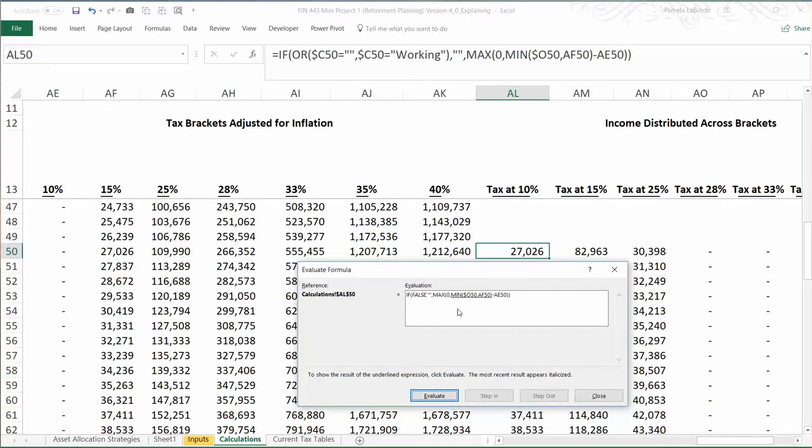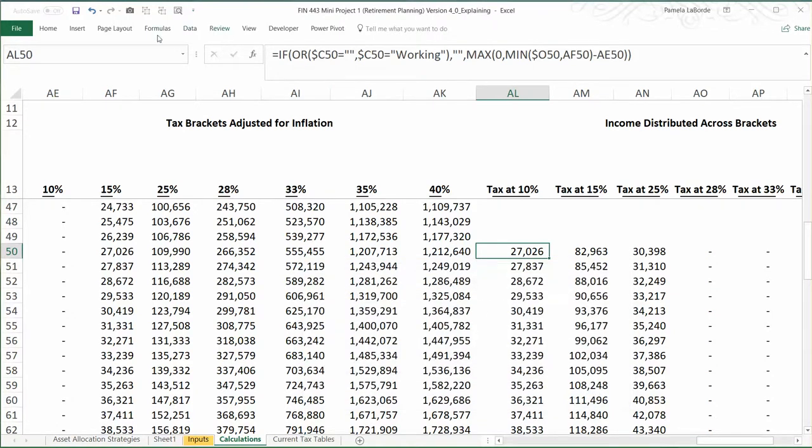This is the year the person made 140,000. So what it's going to do is look at how much they made. Oh shoot, it didn't do it all at once, so I'm going to close it and do it again. Sorry.